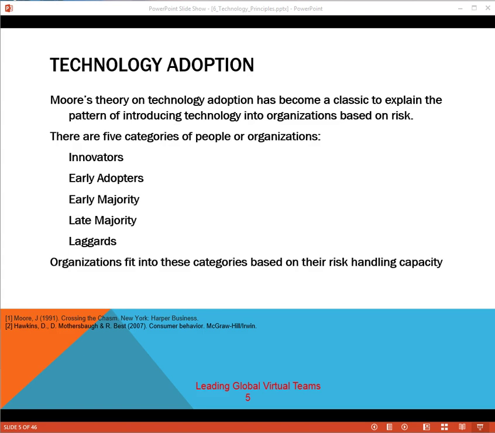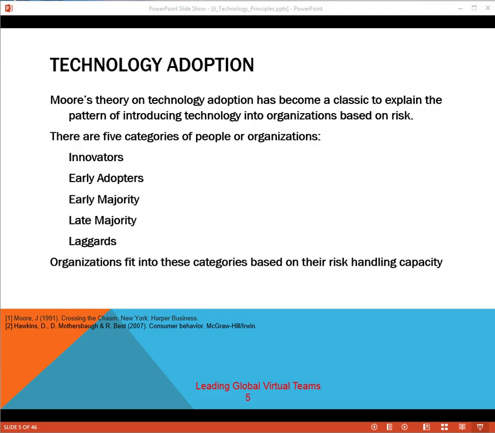Now, Moore developed a theory on technology adoption, which is also known as the diffusion process, and that has become a classic to explain the pattern of introducing technology into organizations, and it's based on risk, perceived risk.